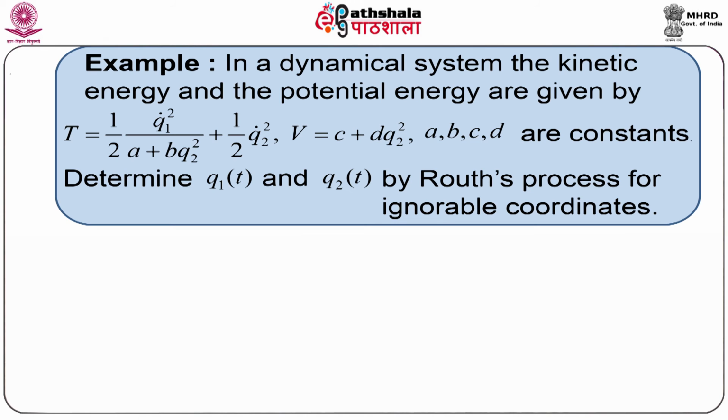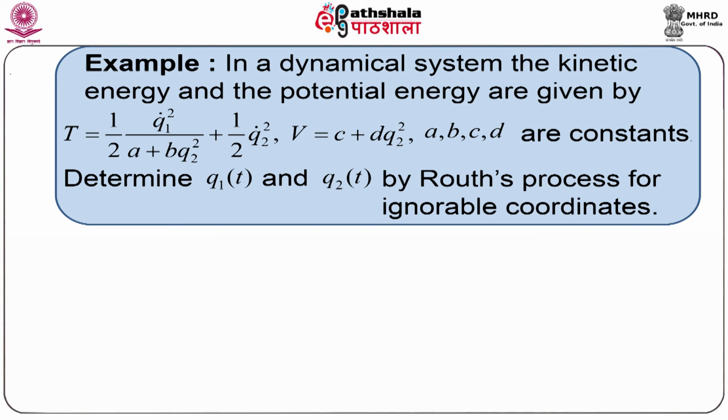Consider an example. In a dynamical system, the kinetic energy and the potential energy are given by capital T equal to half q1 dot square divided by a plus b q2 square plus half q2 dot square.